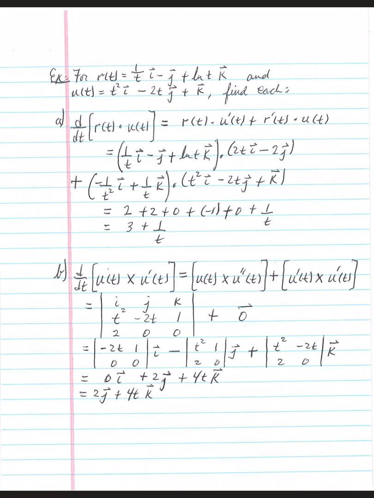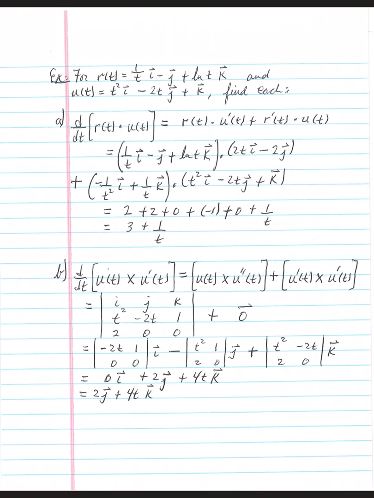U of t, so I'm going to put t squared, minus 2t, plus 1 in the second row. Remember to always head it up with i j k. All right, so that's vector u's components. The second derivative, now this is the first derivative of u. The second derivative will be 2i and no j. So it's just 2, no j, no k.